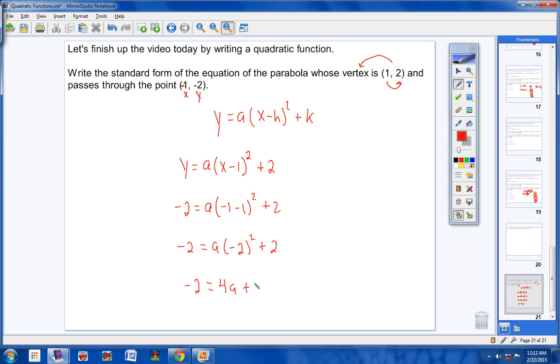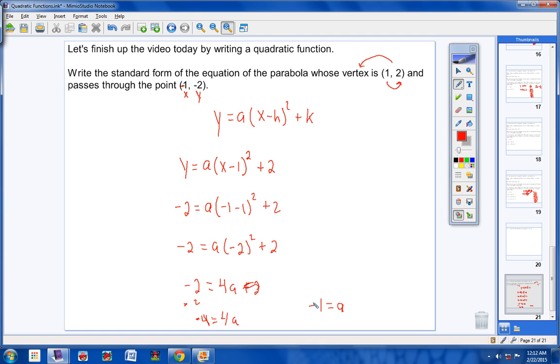Wow, this is pretty simple, guys. This is Algebra 1. Now we're solving for a. We want to see what a equals. So bring this +2 over and make it a -2. So now we have -4 equals 4a. Now divide both sides by 4, and you're going to see that -1 equals a.